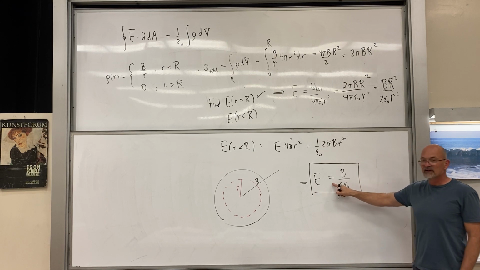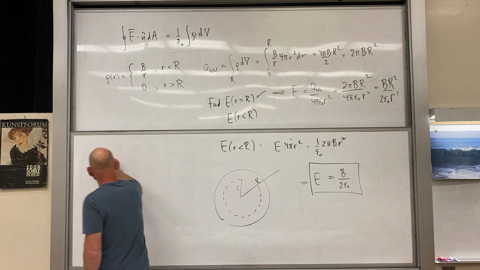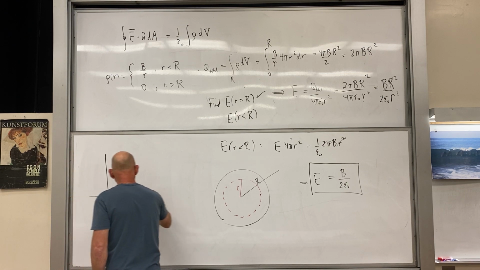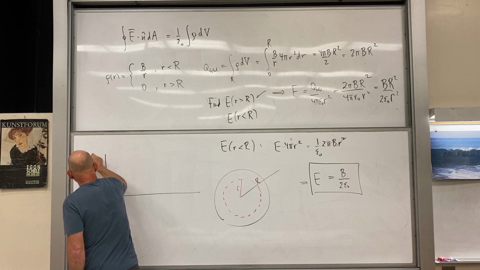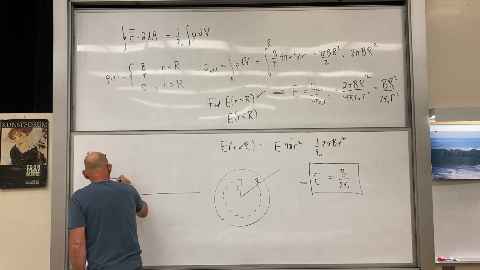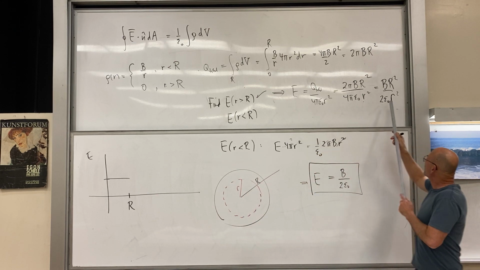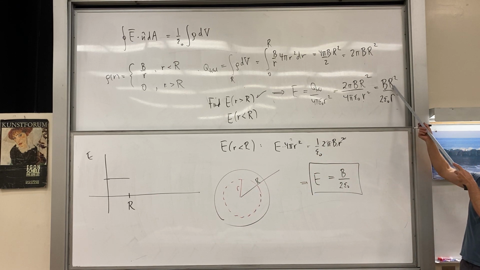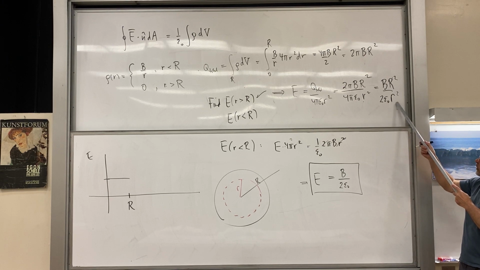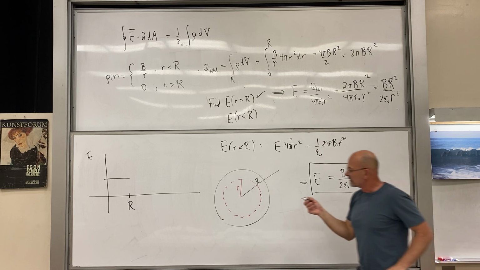This is a constant. Let's go ahead and do the graph. This is E, this is the radius r. We now have this constant value out to here. And you'll notice we get the continuity because when lowercase r equals uppercase R, you get B over 2 epsilon naught, same as there. So there you have it.